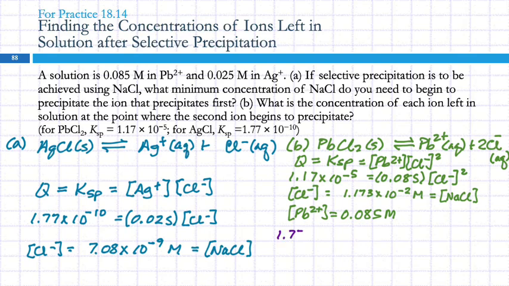So 1.77 times 10 to the minus 10 is equal to the silver ion concentration times our chloride ion concentration, the one that we just calculated.